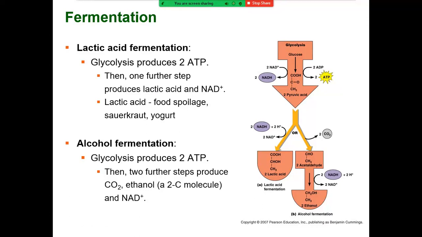It's the fermentation that makes sauerkraut, yogurt, most cheeses like cheddar cheese or, I don't know, Munster cheese. This is the reaction that occurs when we're making bread, leavened bread, lactic acid fermentation. Although, excuse me, that's not bread. Bread is alcoholic fermentation, which is the next one I want to talk about.